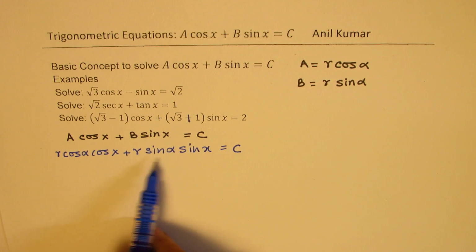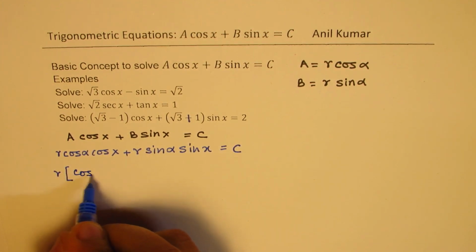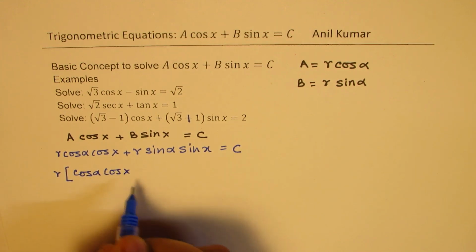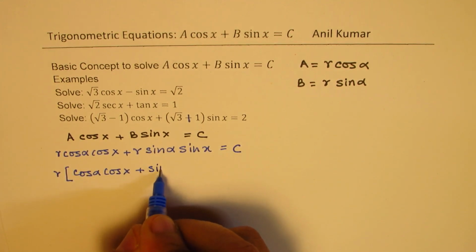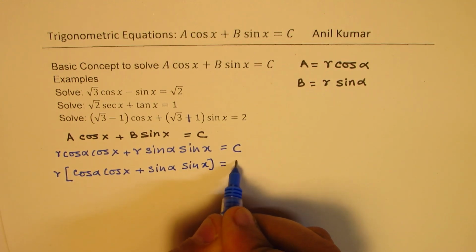Now if you take r common, you are left with cos alpha cos x plus sine alpha sine x equals c.